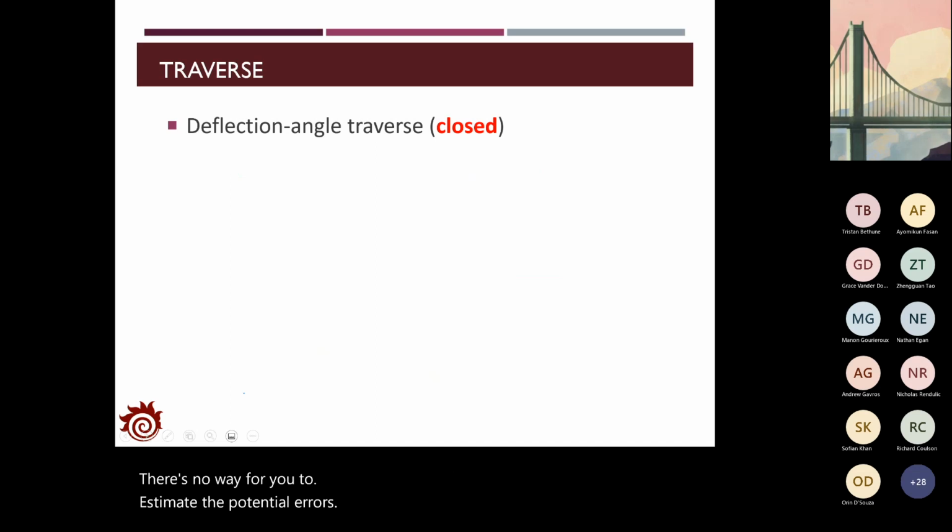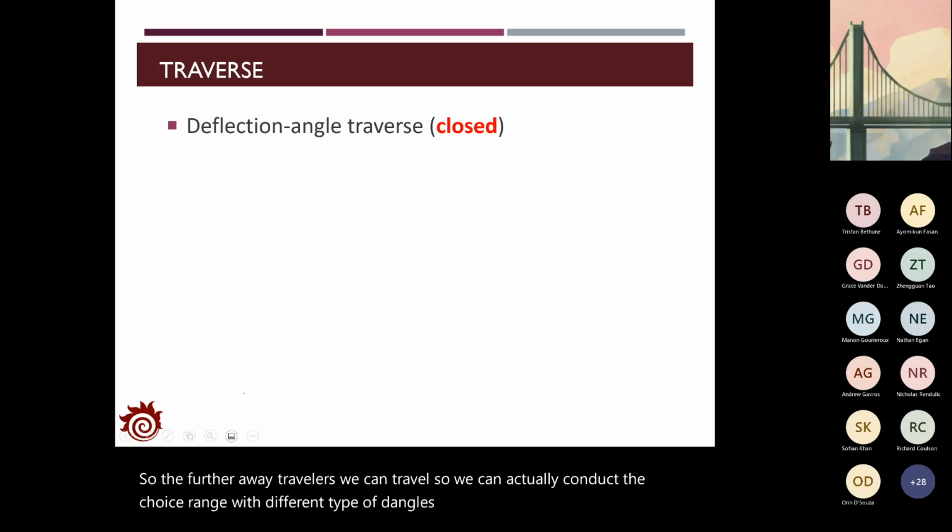So for the traverse surveying, we can actually conduct the traverse surveying with different types of angles. The first one is called the deflection angle traverse. Of course, here we are talking about the closed traverse.